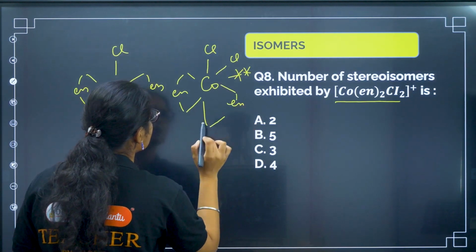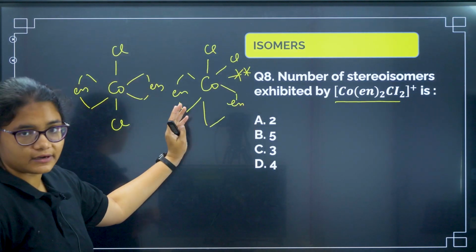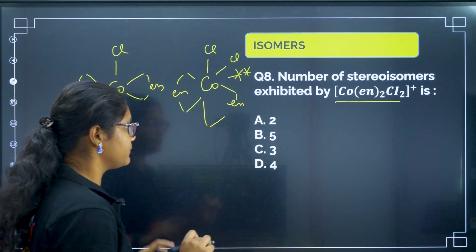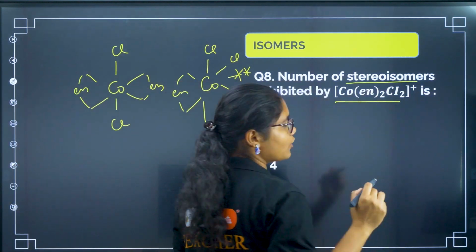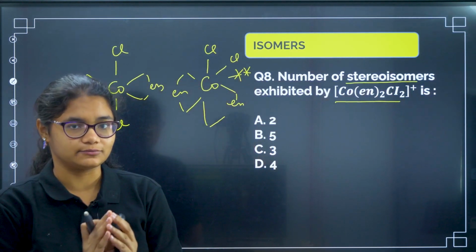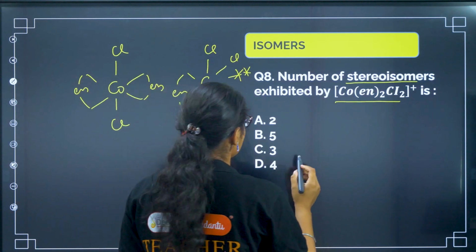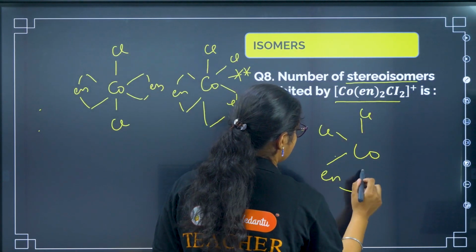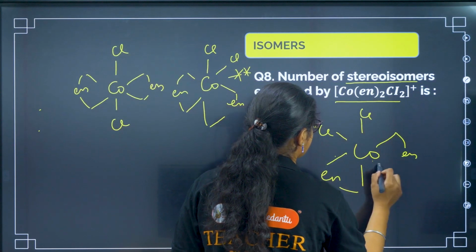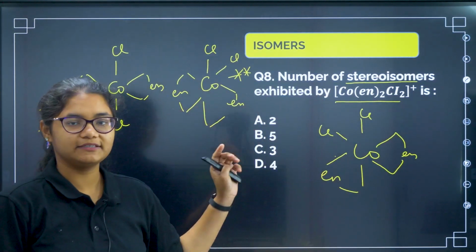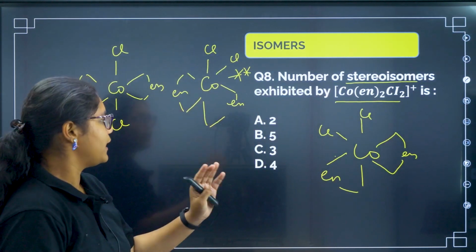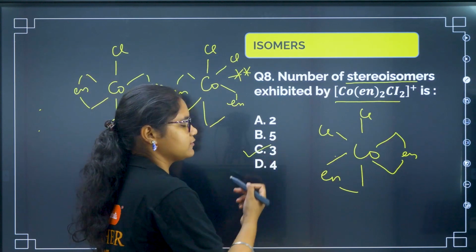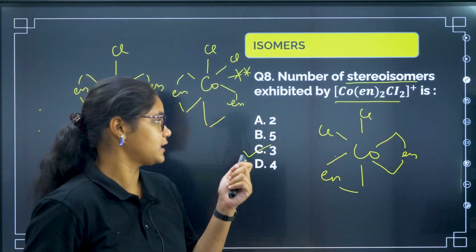This cis geometry can also have optical isomers. They have not mentioned whether it is optical, they only said stereoisomers, so you have to take all. You can do Cl, then we have En, and on this side we have En, right? Both the mirror images are non-superimposable, and so the total number of isomers is 3. Option C is the correct answer.